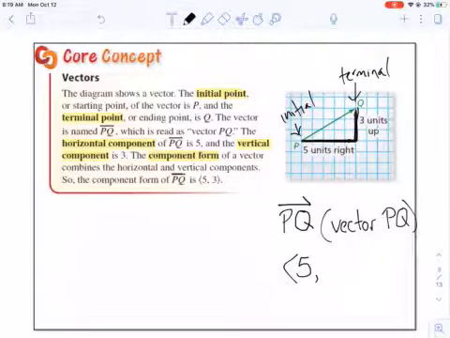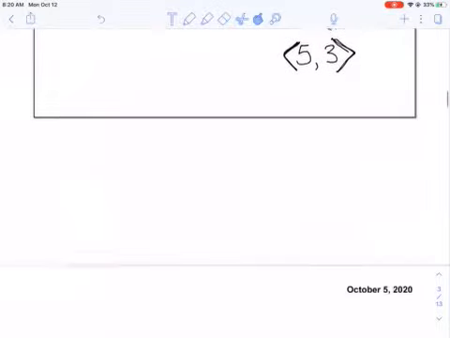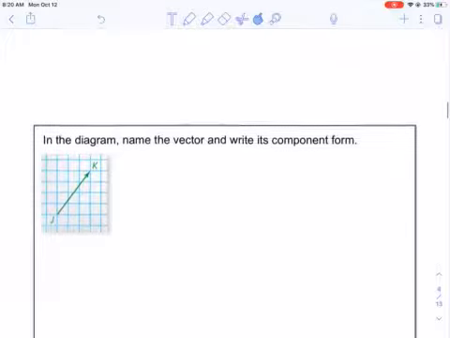And then up 3 is with the y. Now we do these little, I believe they're called braces. I could be wrong about that, but I think they're called braces. And there we go. There's your component form of your vector.